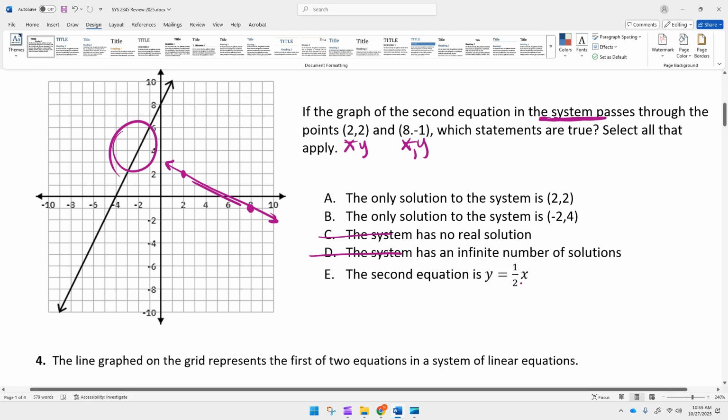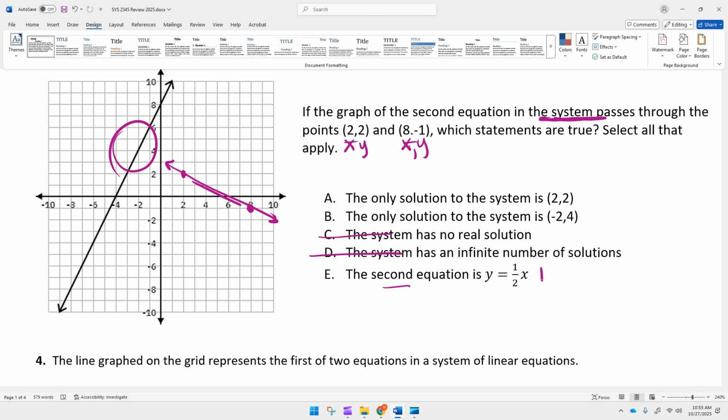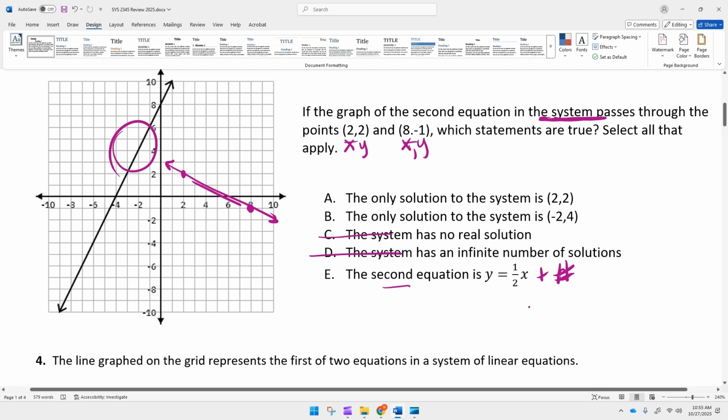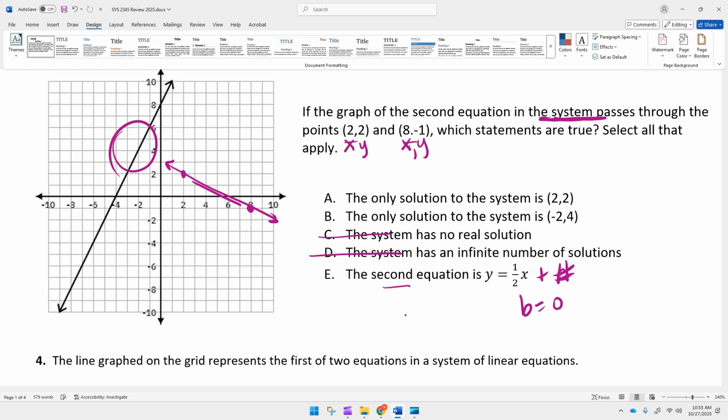Now, let's talk about question E, or part E. It says the second equation is y equals 1/2 x. There are 2 reasons that that is not our equation. The first reason is this has a y-intercept. If there's no plus constant number, there's no +1, +2, +3, +4, whatever, right? There's no number there. Then that means that b value is 0.